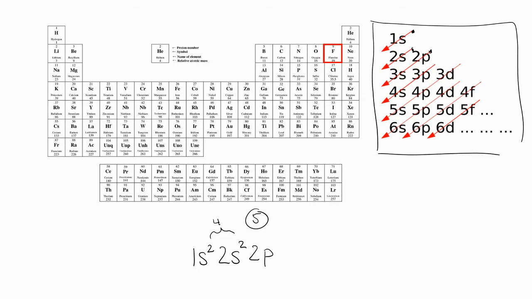So for this 2p level, we only want to put a 5, because that will give us a total of 9 electrons, which is how many fluorine has. So here we're not reading the periodic table in the same way. We're just using this sort of shorthand guide chart and doing some accounting for the number of electrons.